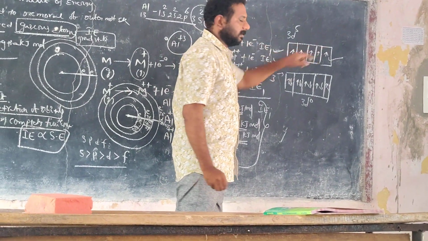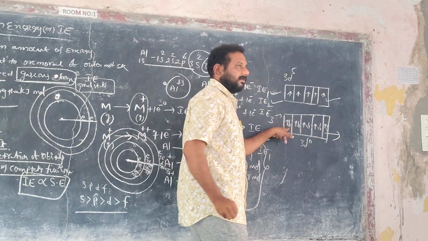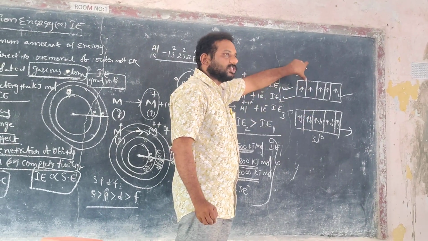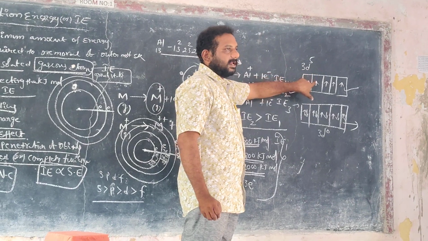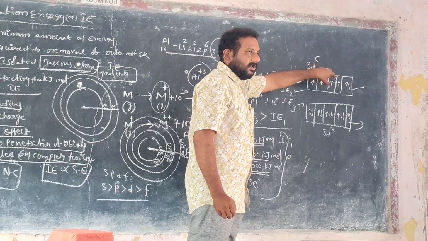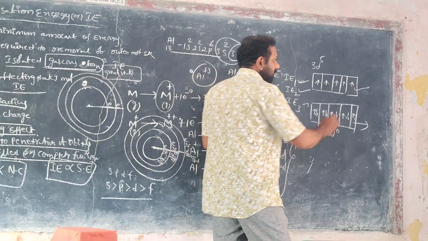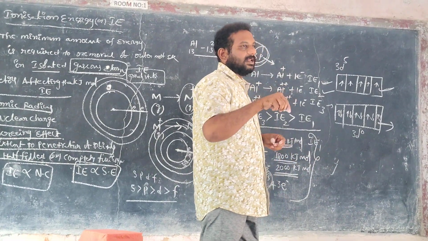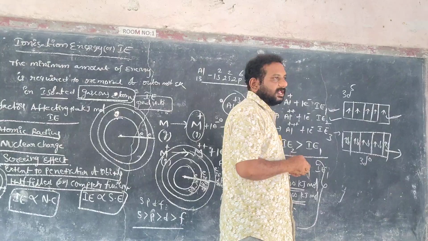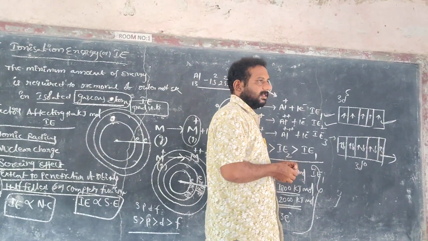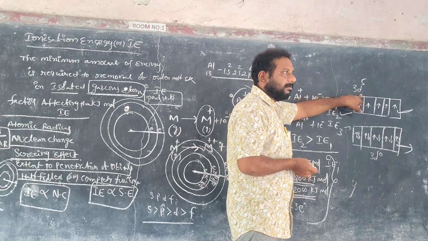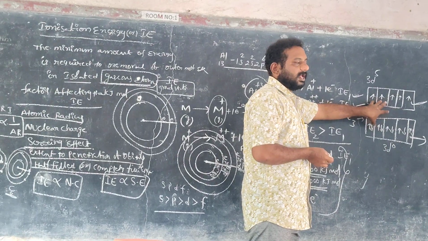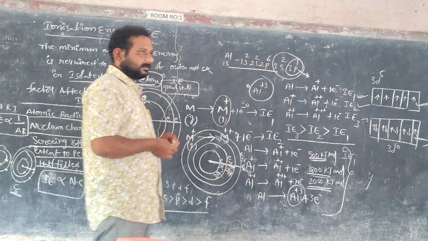Half-filled and completely filled electrons are more stable than other configurations. So the ionization energy values are very high. Understood? Half-filled or completely filled electrons are more stable, due to which ionization energy is very high. Okay?